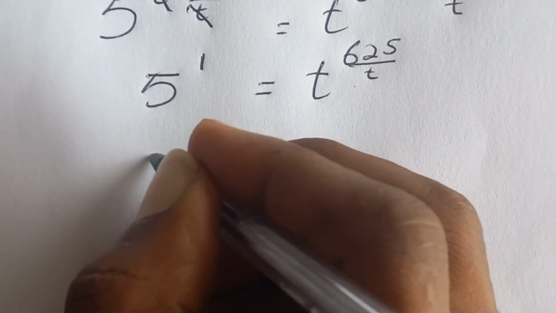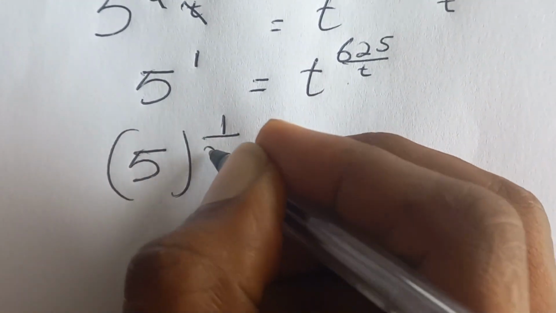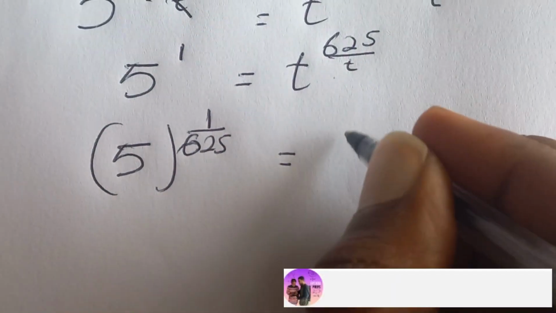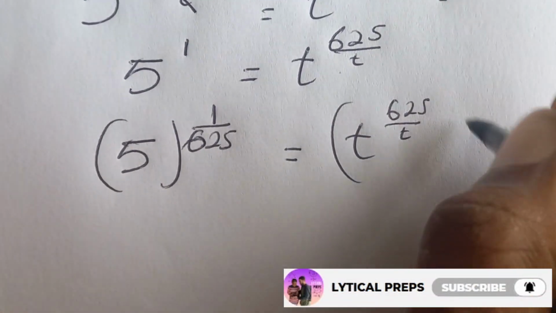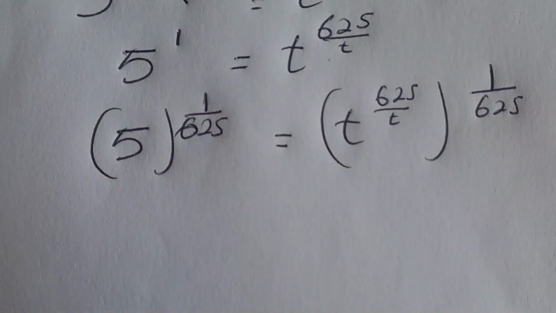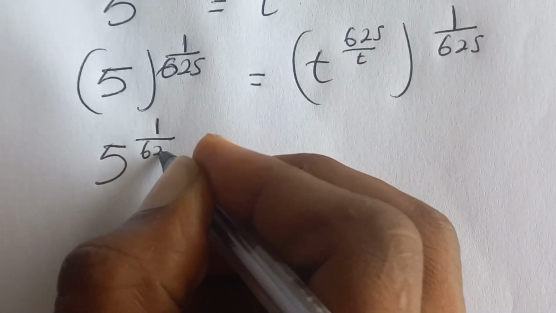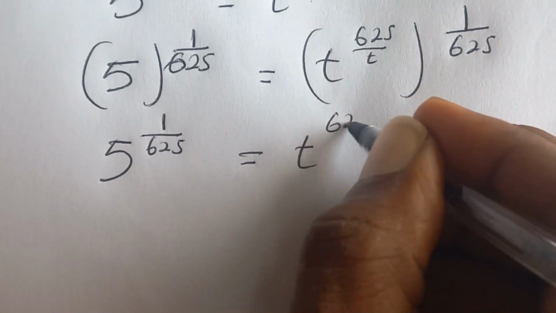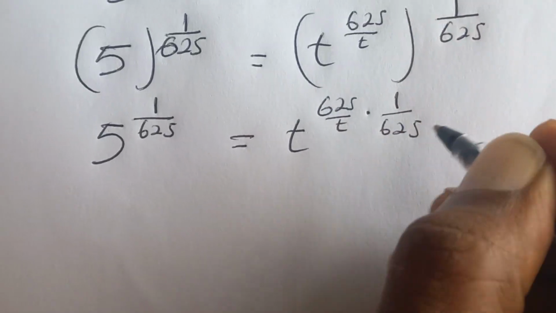So we're going to get 5 exponent 1 over 625, which is equal to t exponent 625 over t multiplied by 1 over 625.